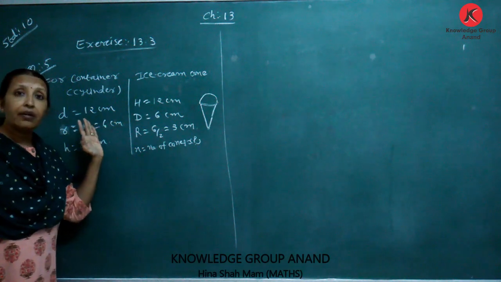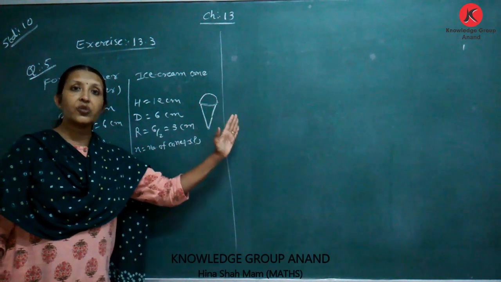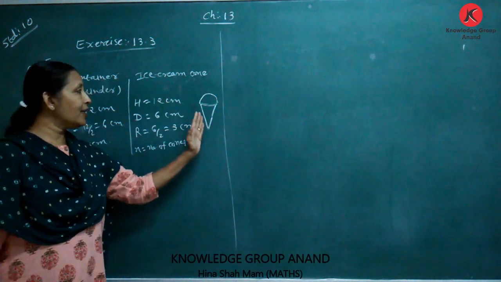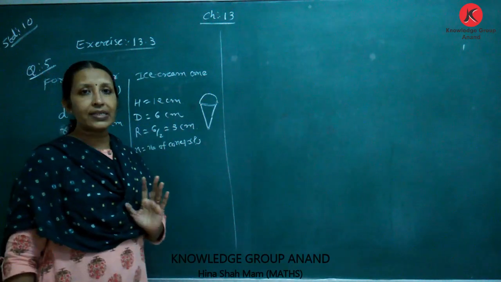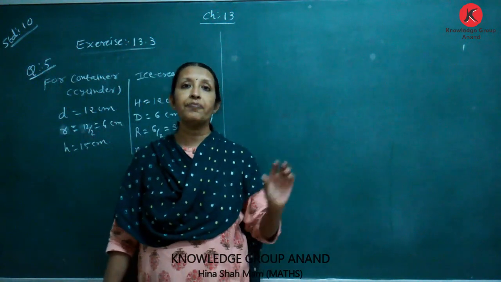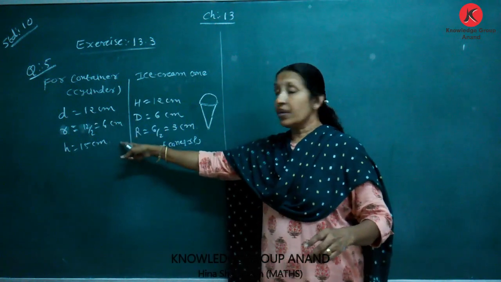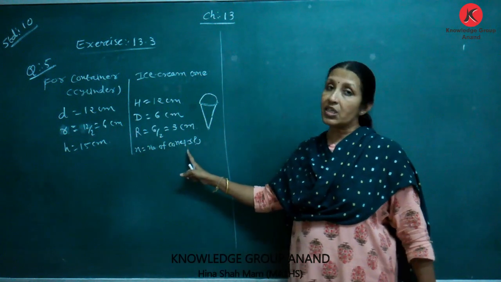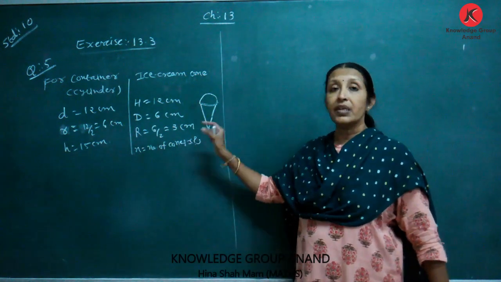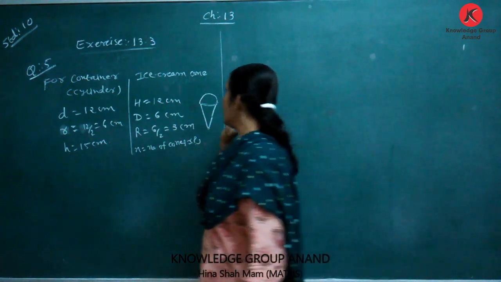First we compare the volume of the container is equal to n times the volume of one ice cream cone. That means the number of ice cream cones. How many cones can be filled with ice cream from the container? Here the number of cones is n, equal to the volume of the cylinder container divided by the volume of one cone.